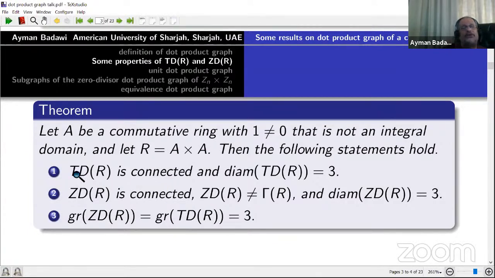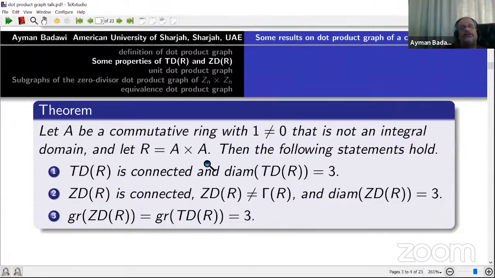If you tell me the total dot product graph is connected and the diameter equals 3, then I know that the zero dot product graph is connected. I know the zero dot product graph is not equal to the classical zero divisor graph. I know that the girth of the zero dot product graph equals the girth of the total dot product graph, which is 3.